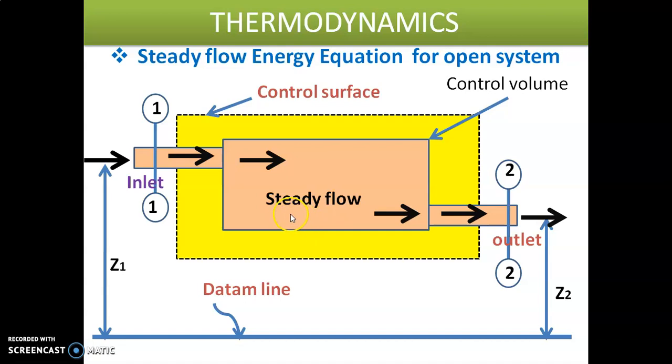The substance enters the system with pressure P1, velocity C1 and internal energy U1, and similarly the substance leaves the system with pressure P2, internal energy U2 and velocity C2. So let us start the derivation.